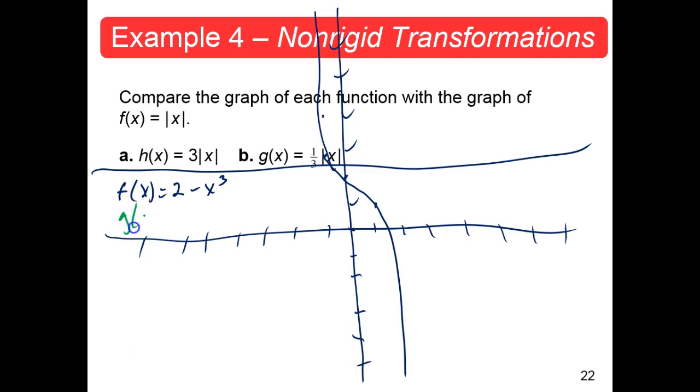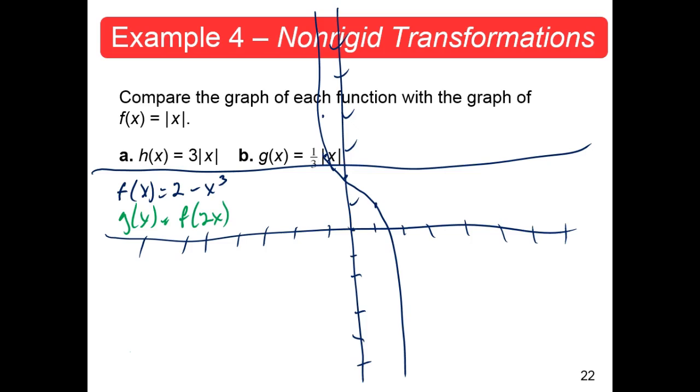So our g of x is going to be f of 2x. What are we doing here? Horizontal shrink. Because remember, whatever you do horizontally works in reverse. So you're shrinking the x by 2, in other words, taking half.